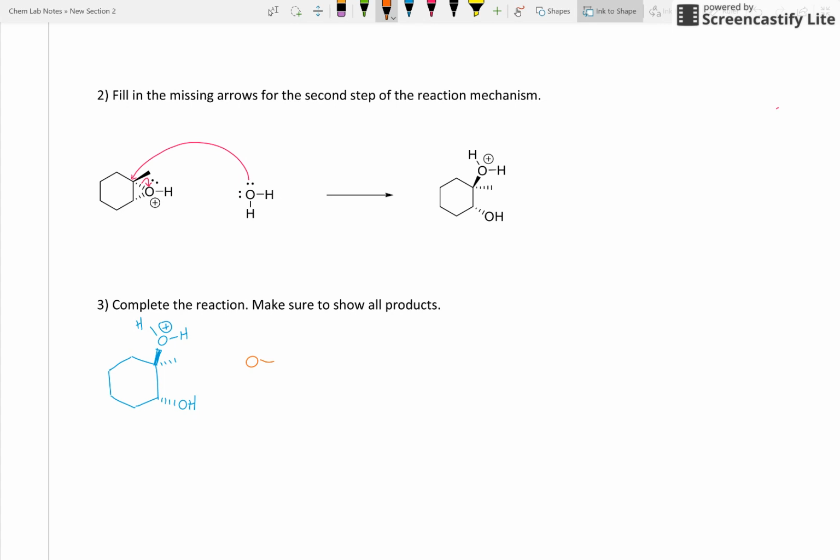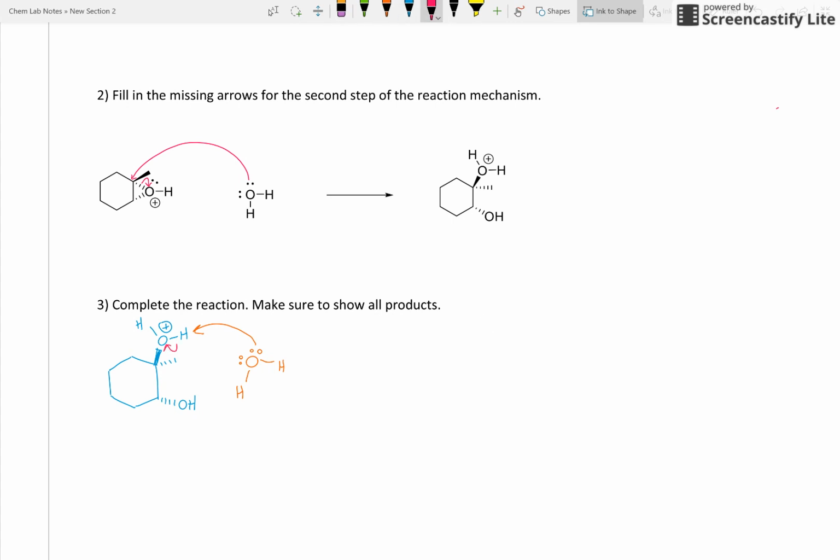And here is where the other part of the information is used. We said we were under aqueous conditions, so we can bring in some water. We bring in some water, we make a bond, we break a bond.